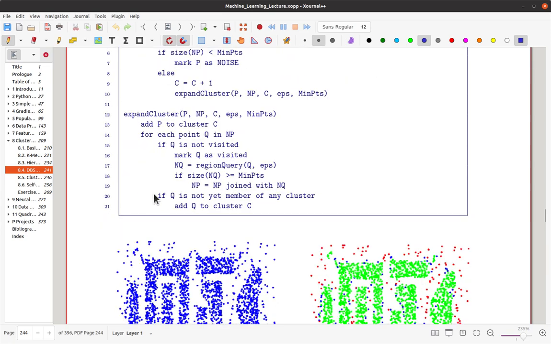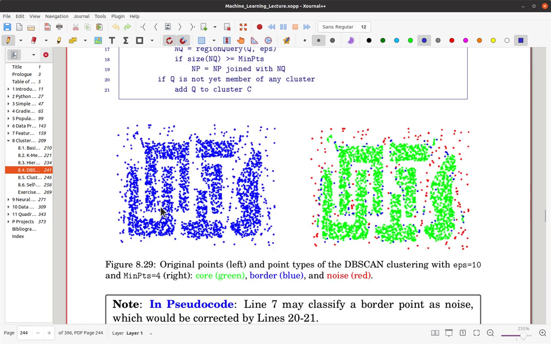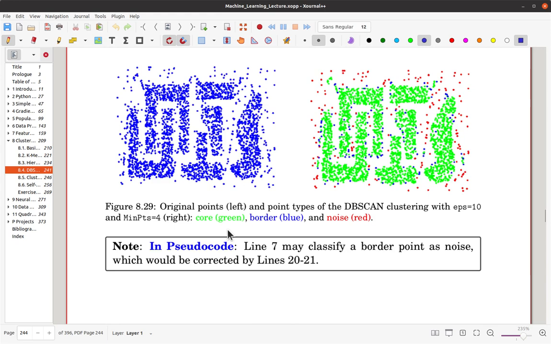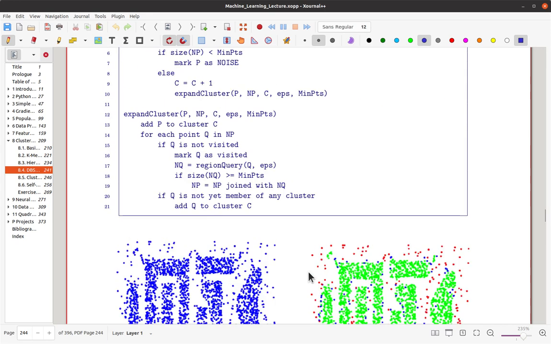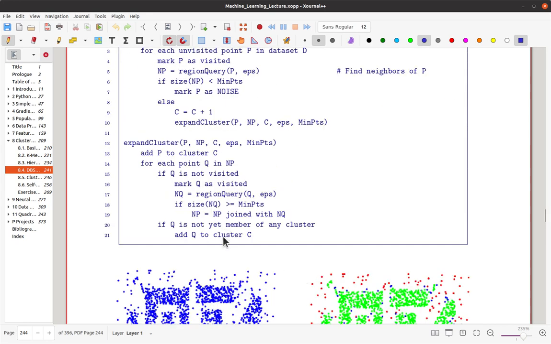But through these two lines, again, it can be corrected, so these two lines are necessary to avoid the noise assignment.